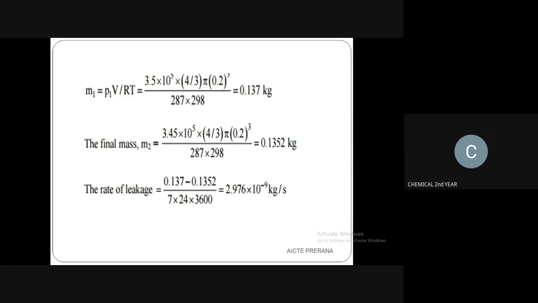Then the gas constant R is 8314, the common value, in units of meter cube per kg.